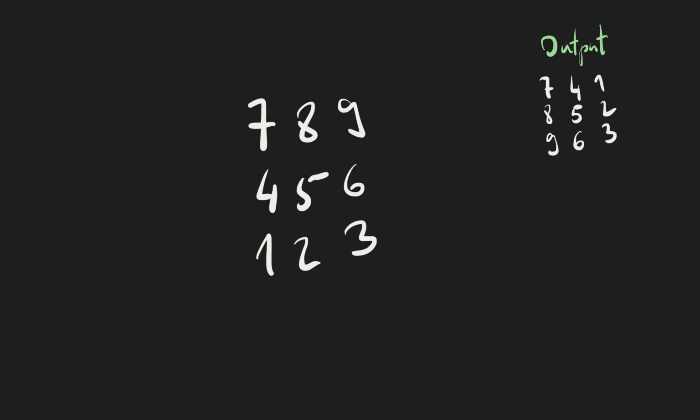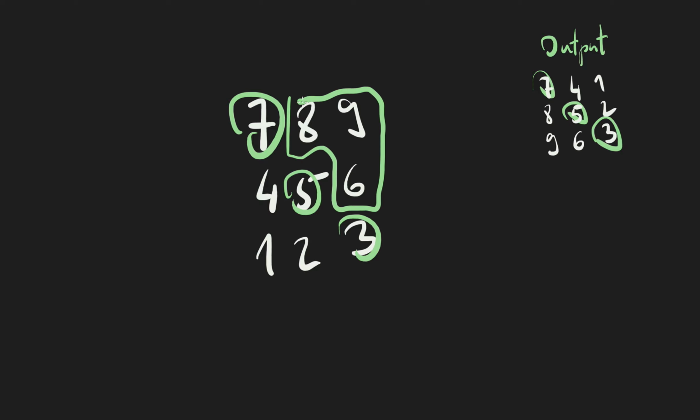Now if we look at the numbers, we can see that 7 is in the correct position. So is 5, and the 3 as well. If we look at other numbers, like this one here, they go here.